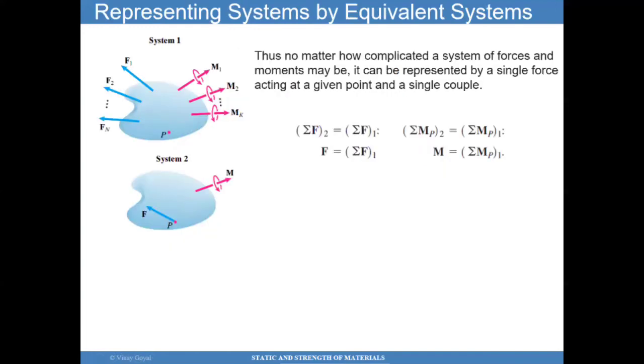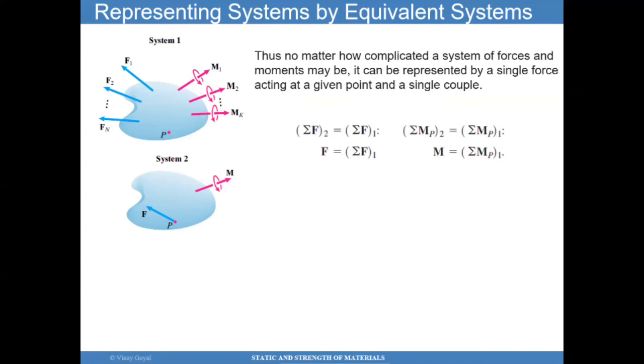So it doesn't matter how complicated a system of forces and moments may be, it can be represented by a single force acting at a given point with a single couple. That's the beauty of this finding: system 1 can have a bunch of forces and a bunch of moments, but I can simplify the problem into a single force and a single moment. There must be a way of doing it.